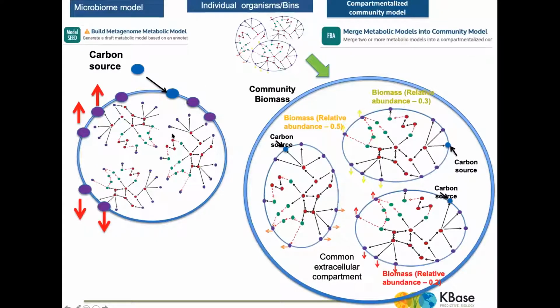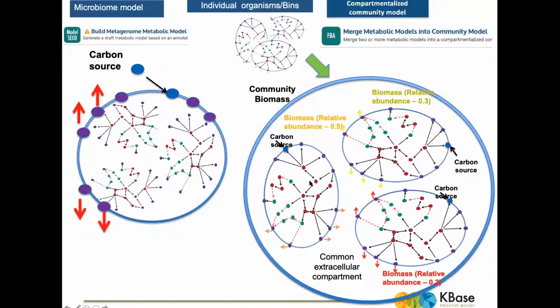If we want to answer questions like, what is the overall metabolic capability in this microbiome? Could this microbiome produce a certain biomass compound? To answer that kind of question, you could use entire microbiome models. And if you want to ask more specific questions, like which organisms in this microbiome could fix carbon dioxide, could reduce nitrate, and what kind of compounds they could excrete that some organism could use as a carbon source.